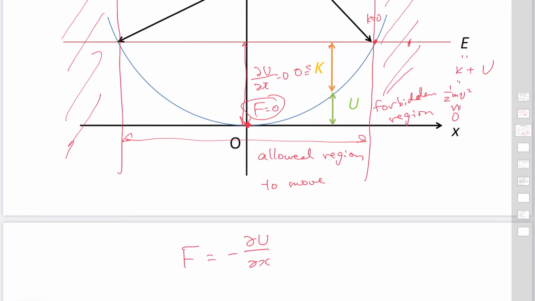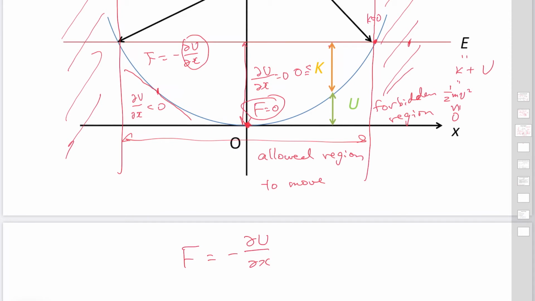When the particle is moving to, for example, this position, what happens? F is calculated as minus partial U partial x. At this position, we could consider the tangent line. So partial U partial x is a negative quantity, a negative slope.